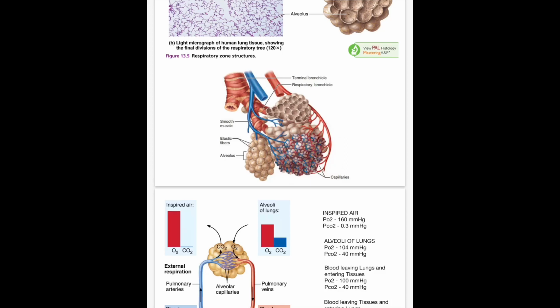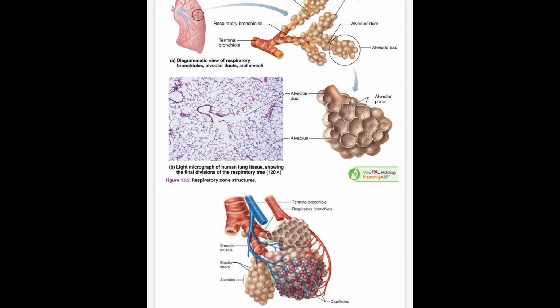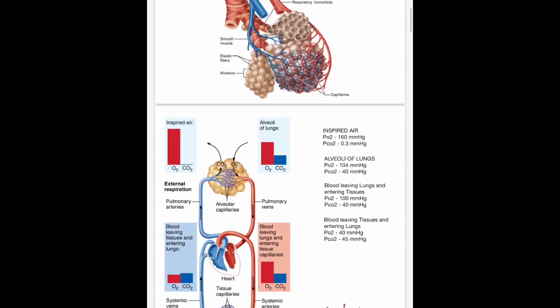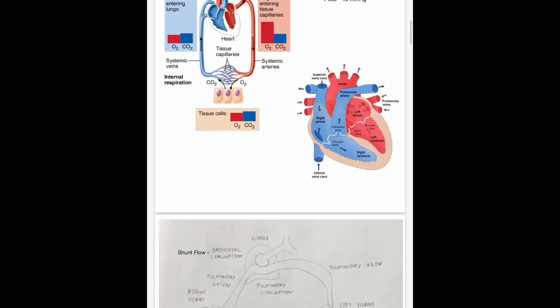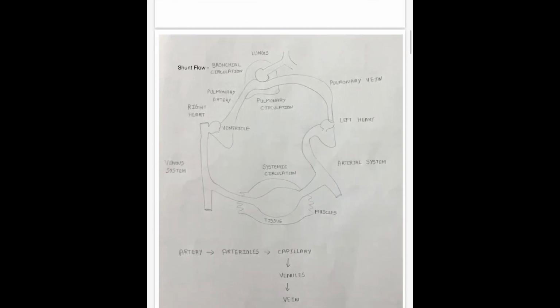You see the pulmonary artery here and pulmonary vein here, and the blood vessels are attached basically on the surface of the alveoli. So now we will see how the gases get transported.